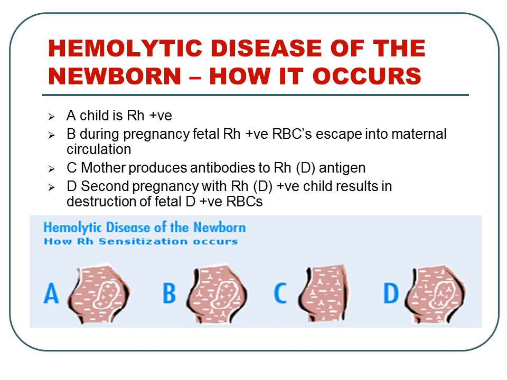And in C, the mother produces antibodies to Rh D antigens. And in D, a second pregnancy with an Rh positive child results in destruction of fetal D positive RBCs.